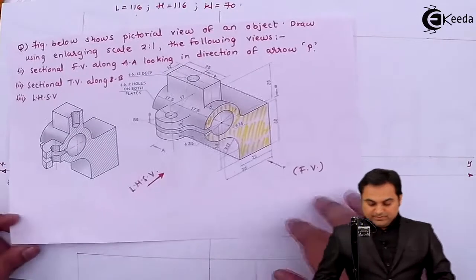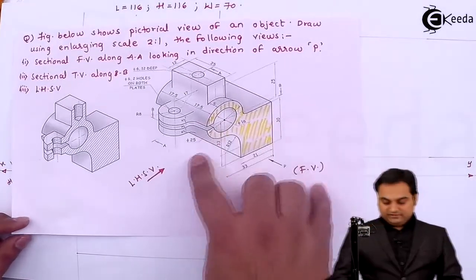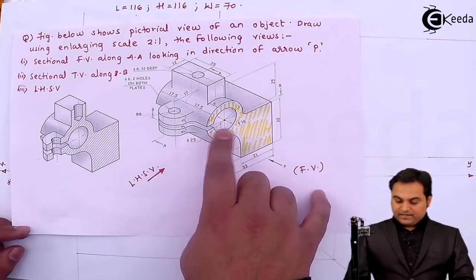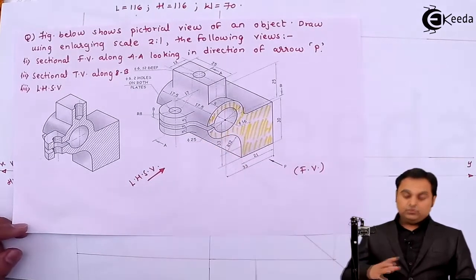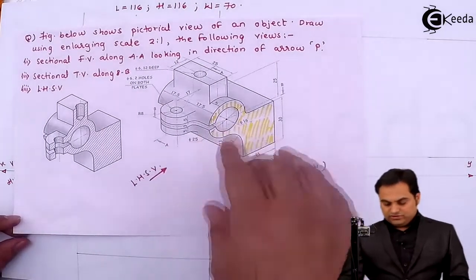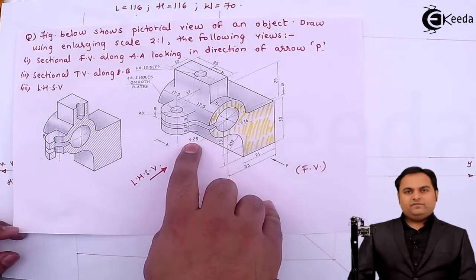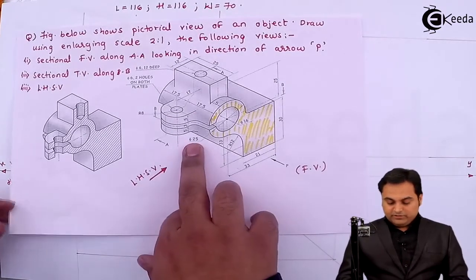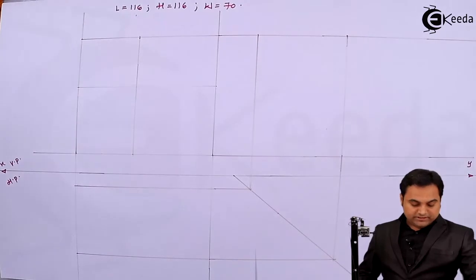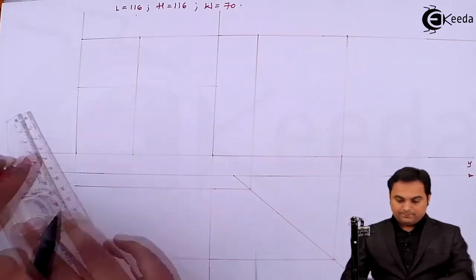So here if we see, the outer circle has a diameter of 25 mm and the inner circle has a diameter of 16. So I'll start with the outer circle. Diameter is 25 and we have to double the scale. So that will be 50 mm. So radius becomes 25 mm.